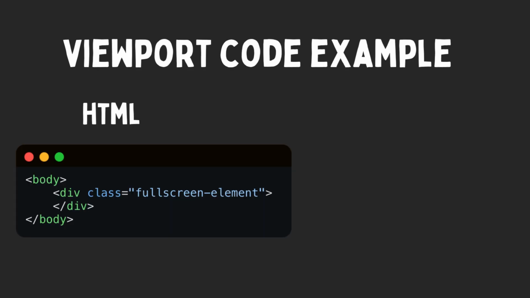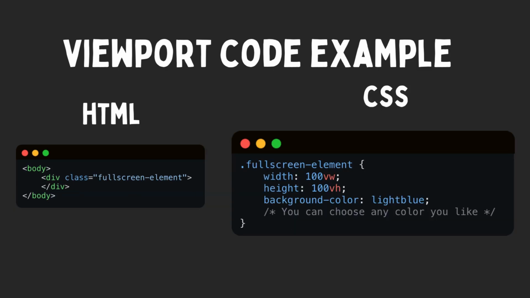In this example, we're creating a simple HTML page with a simple div element that serves as our full screen element. In the accompanying CSS, we use the VW and VH units to set the width and height of the full screen element class. 100 VW. This sets the width of the element to 100% of the viewport's width.